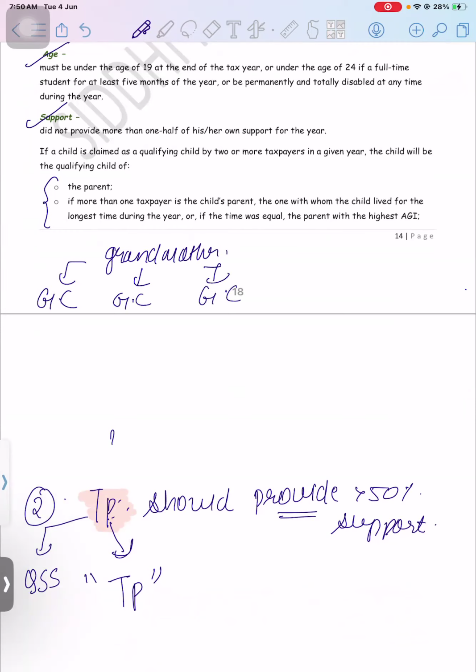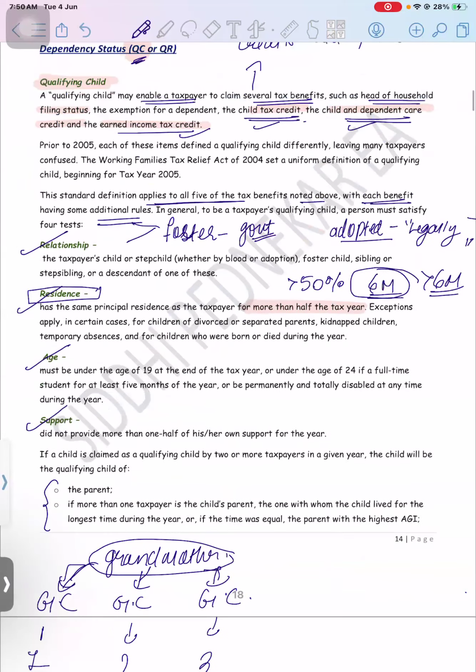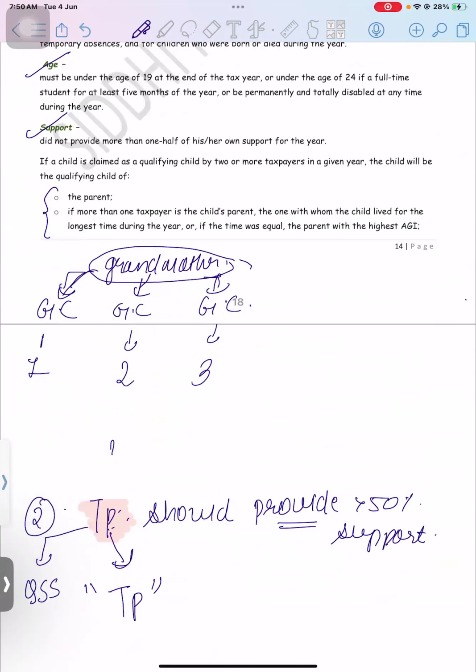All the grandchildren are taking care of the grandmother. She lives for a few days with the first grandchild, a few days with the second, and a few days with the third. All 3 of them are providing the living expenses for her. So who can claim her as a dependent? This will come under qualifying relative actually, but I'm explaining it right now. Who can claim her as a dependent?